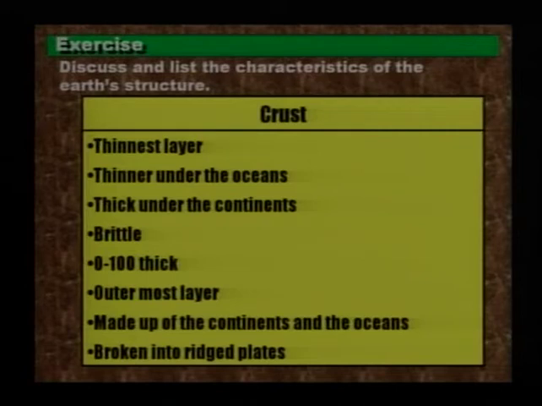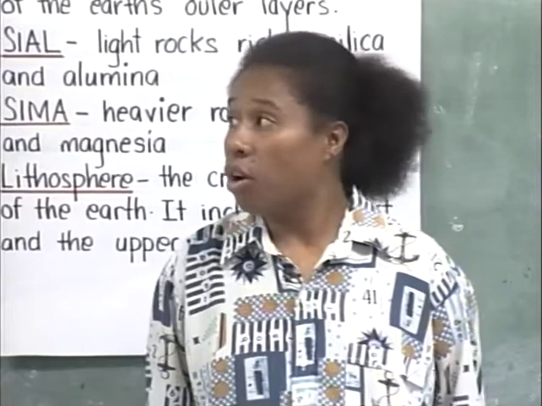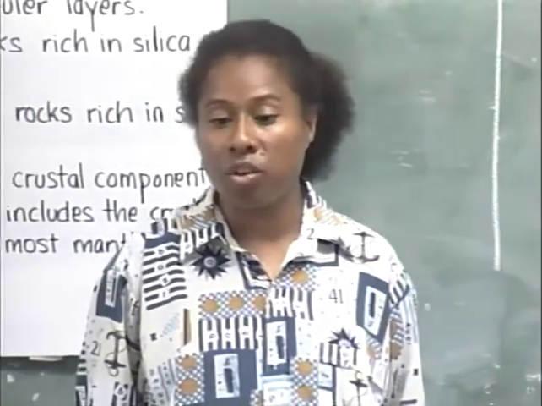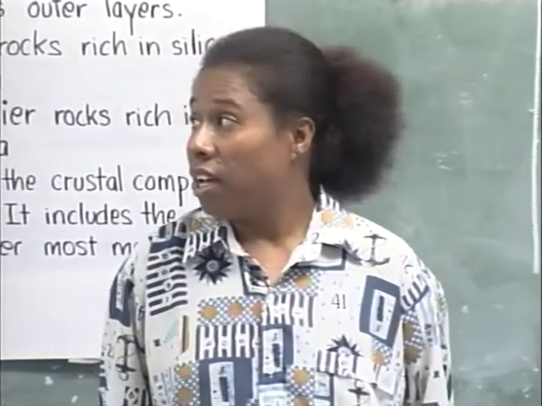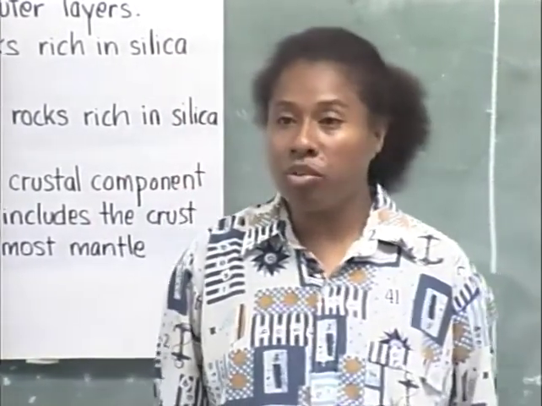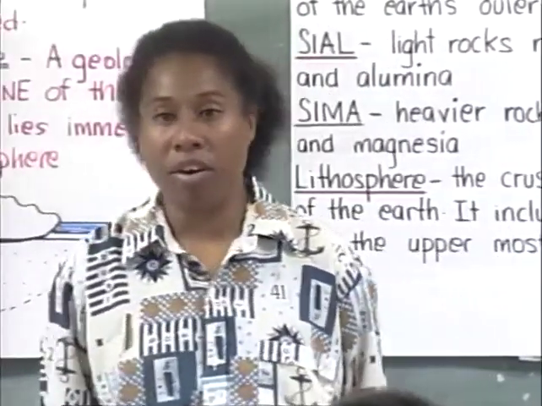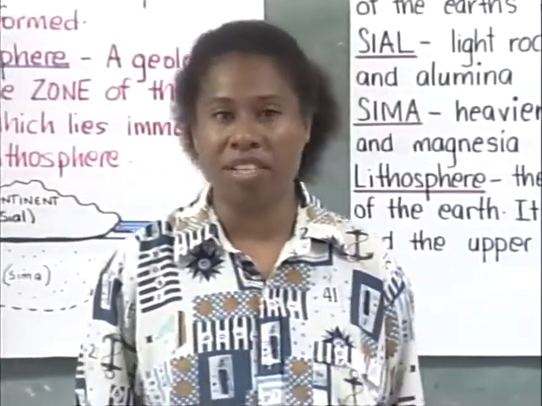So it's broken into plates, or tectonic plates, as they are referred to. Those were some of the characteristics of this layer of the Earth, known as the crust. Your homework: were you able to find out other information that we might have left out for characteristics of the crust?